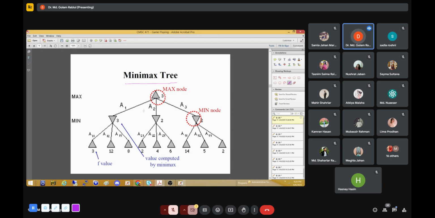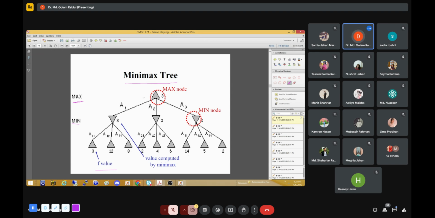So what does it mean? It means that we can see here the max node. Okay, so this is the max and this is the min, and these are the terminal nodes. And the evaluation function, that is the f value for the terminal nodes, are 3, 12, 8, and 2, 4, 6, like this.